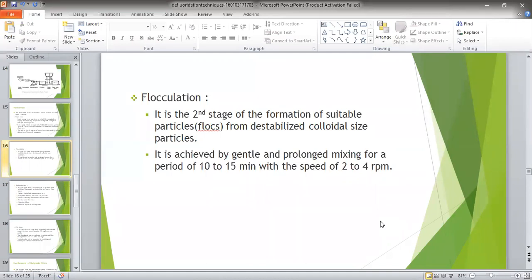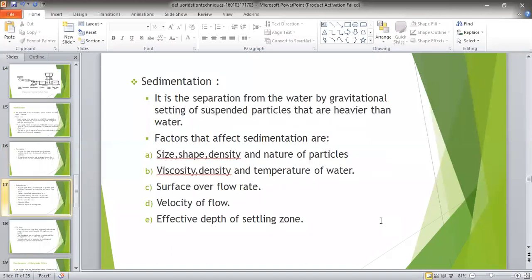Okay, now in the flocculation stage, we have the formation of suitable sized floc particles by the prolonged gentle mixing for a further 10 to 15-minute period with the speed of 2 to 4 rpm. This is the whole about flocculation stage. Next is sedimentation.